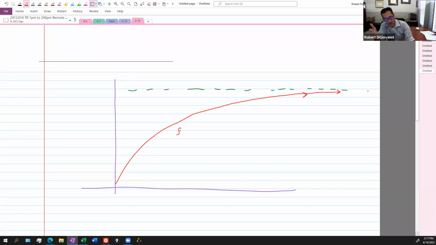This function f would have a positive derivative always, from 0 to infinity. And yes, you could argue that his love is growing, but it is capped off, right? There's a limit to his love. You know what I'm saying?